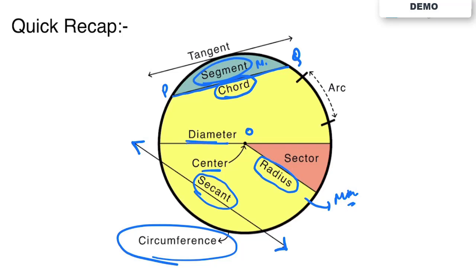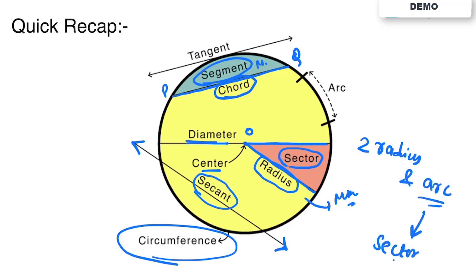And when you join two radii, see very carefully, in a circle, the area covered by the two radii and the arc would be known as a sector. Let me explain once again. This is our circle.